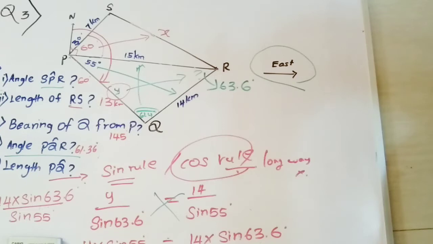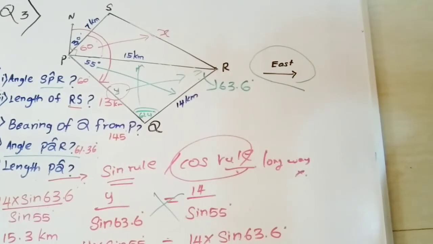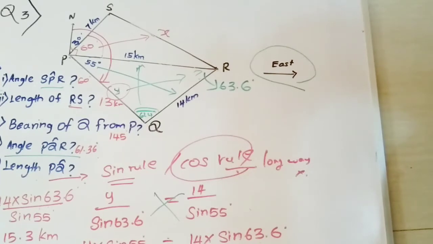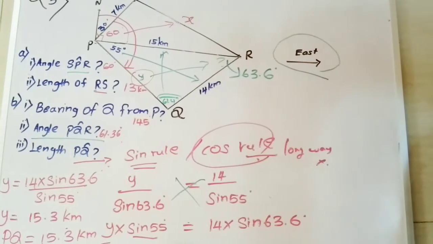Y equals 14 into sine 63.6, then divide the answer by sine 55. The answer is 15.3. Y equals 15.3. So the length PQ equals 15.3 kilometers.